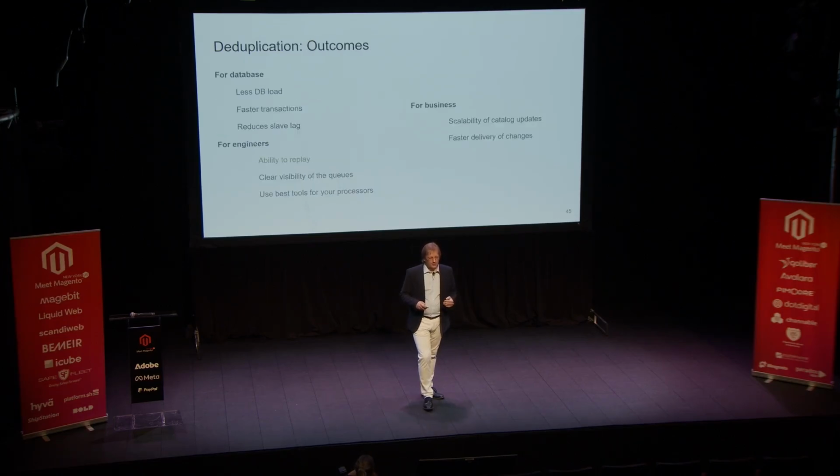So what are the overall benefits of deduplication and all the outcomes we're getting? We're getting lighter transactions when we're not writing into changelog tables at all. Nobody fights for adding 1 more row. We are getting data stored consistently on a disk. That's great. For business, we're getting instant updates.